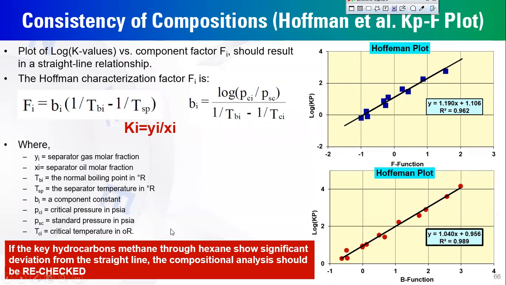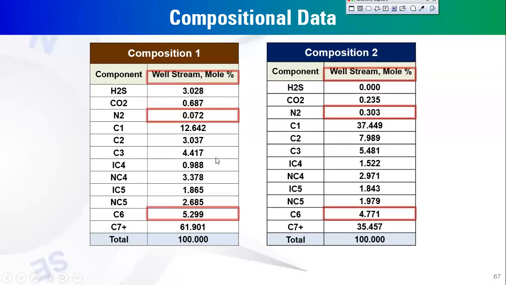The concept is that the lighter components up to C6 must follow the straight line, but the heavier components may have some deviation. But if we have a high deviation from the straight line even for the lighter components like C6 or C5, in that case we have to repeat or recheck the compositional measurements.